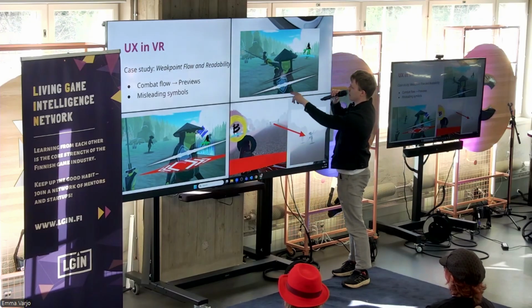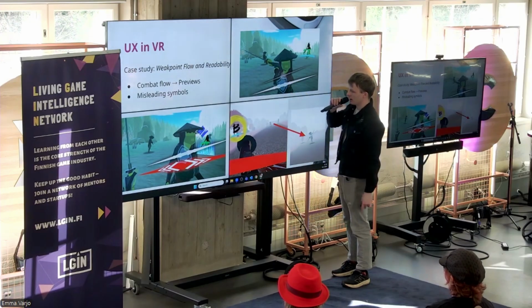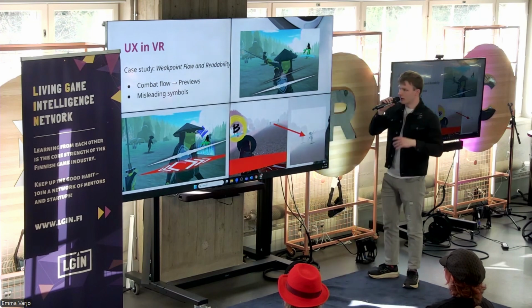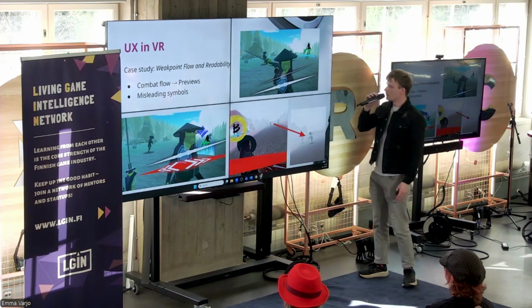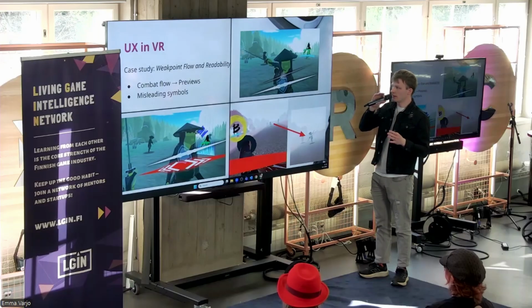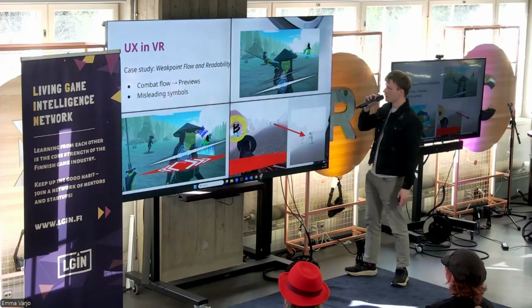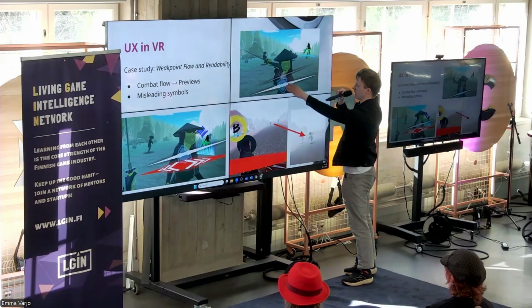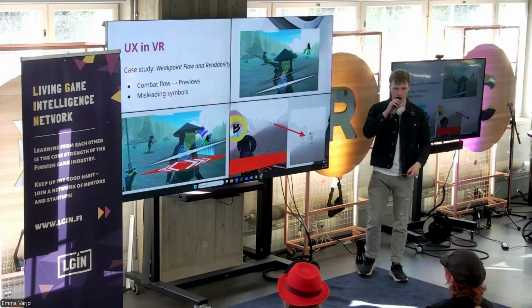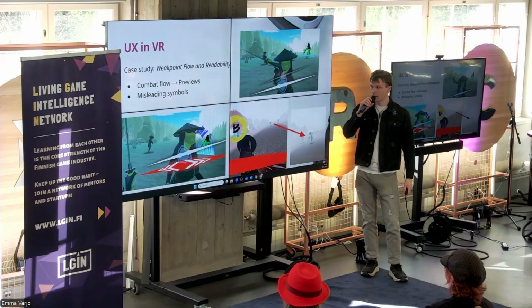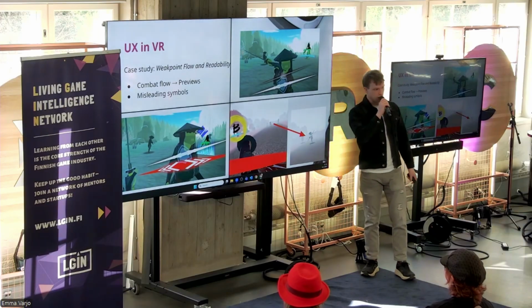There is some sort of shield icon here. We wanted to show them, but prevent the player from hitting them too early. So we decided, let's put a shield here, so it's shielded from the player's attacks. And we thought this was a good idea.